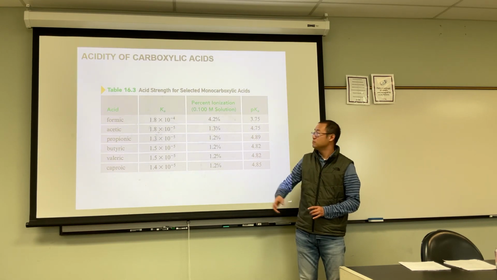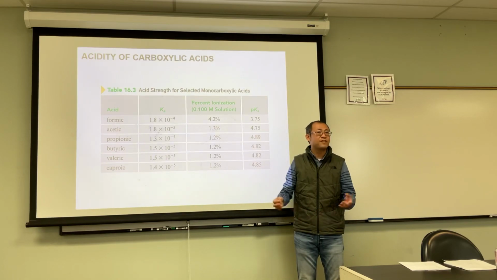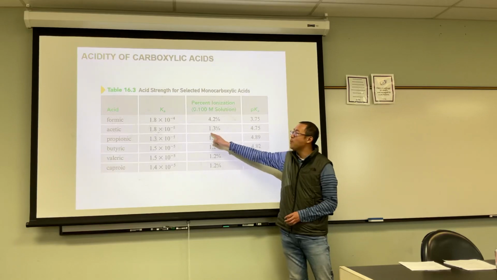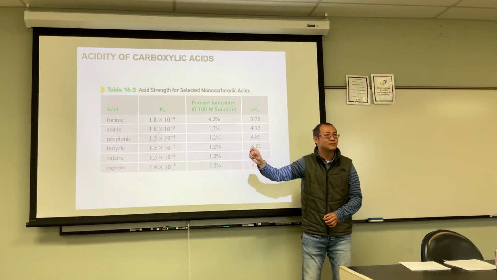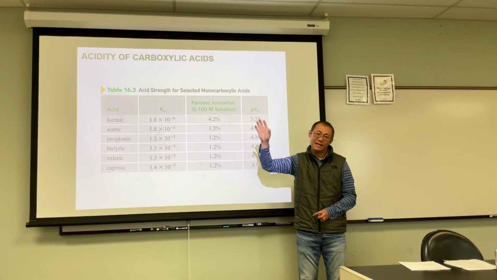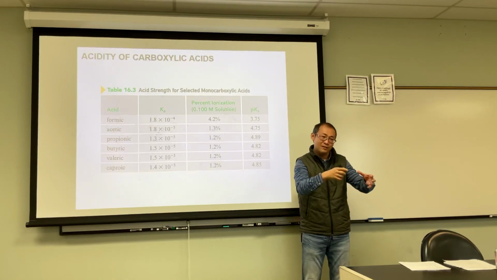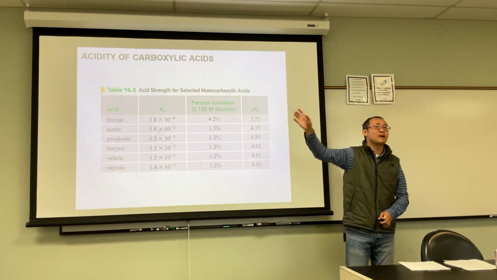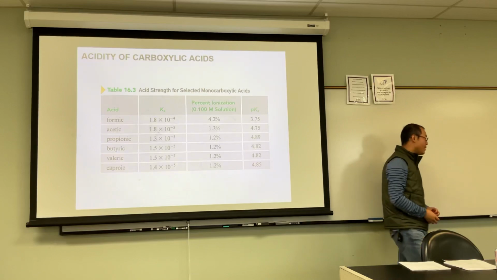Again, percent tells us what? If you have 1,000 molecules, for example, imagine you have 1,000 molecules, only 1.3 of them do that reaction. The rest, the 980-something, are still what? They're doing good. Only 1.3 molecules give off the hydrogen plus to become COO minus.